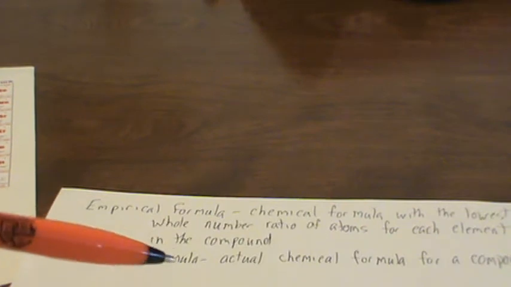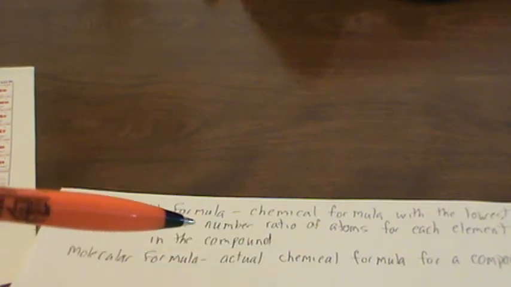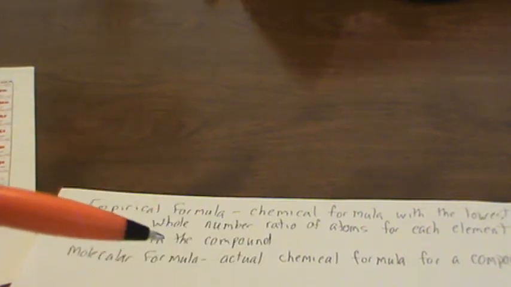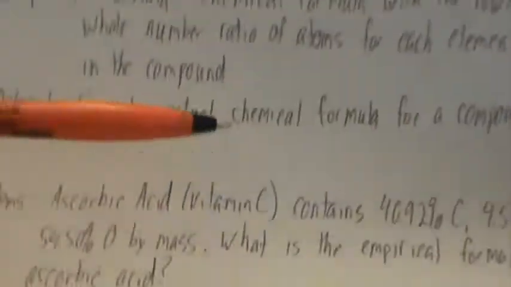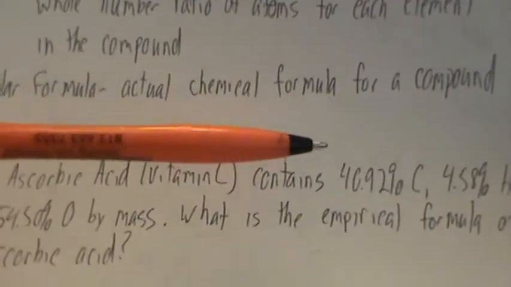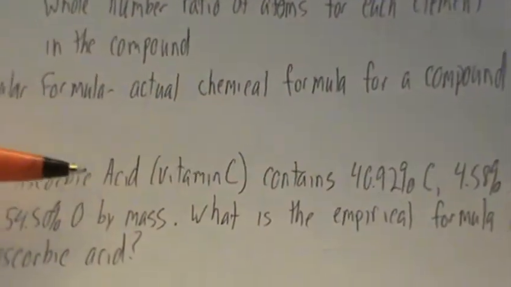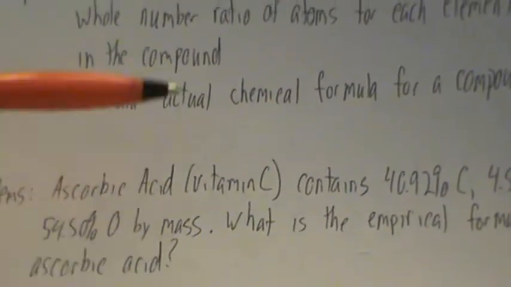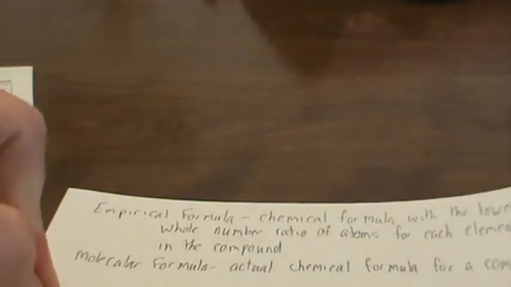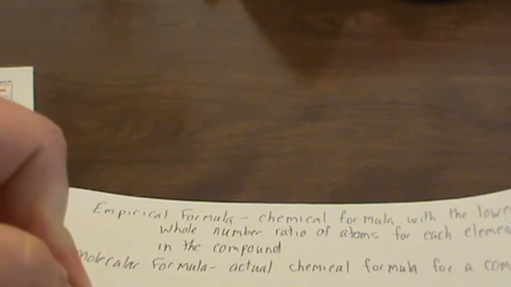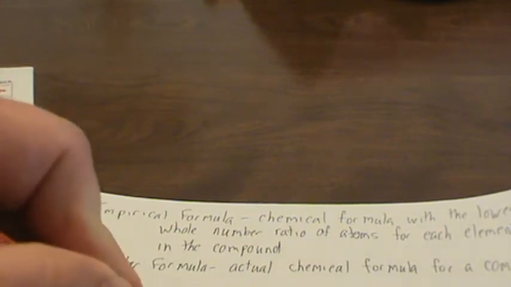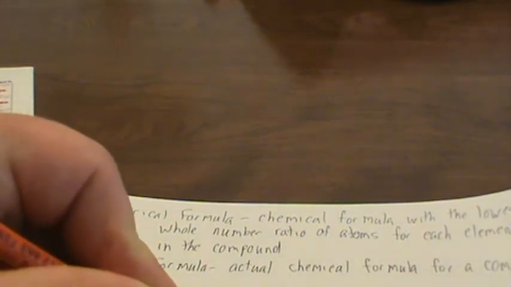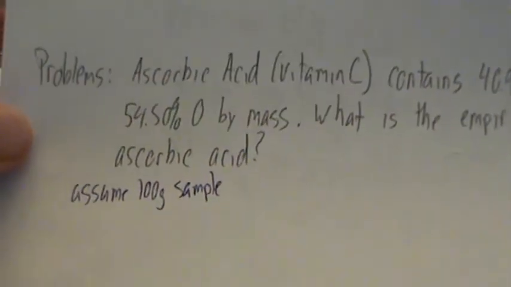For this type of problem, the first thing that we need to do is we need to convert from percents to mass. Now how do we do that? Well, if we look at the problem, we're given all the percents and they are by mass. So what we can do is we can assume that we have a 100-gram sample.